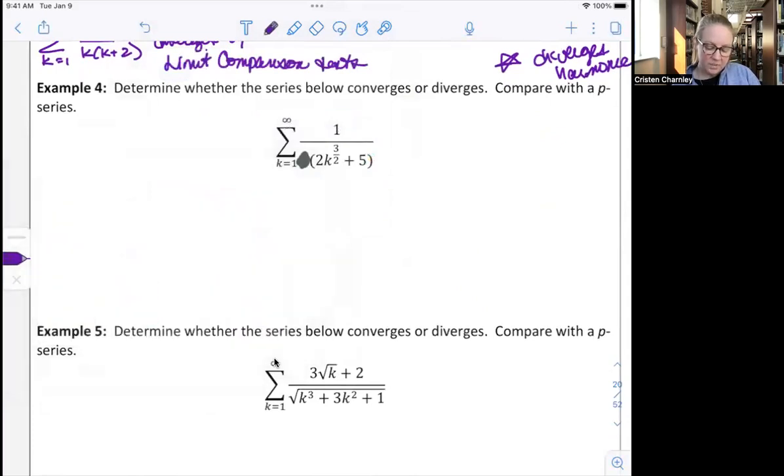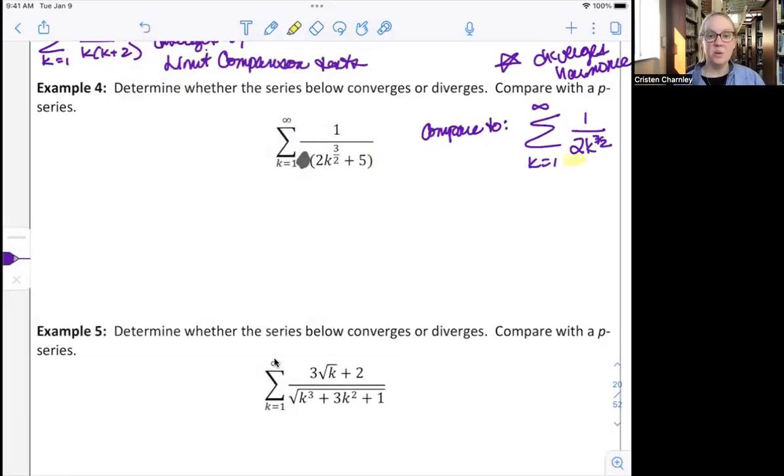So what are we going to compare it to? Again, we're going to keep the highest exponent. So k equals 1 to infinity, I'm going to call this 1 over 2k to the 3 over 2. Now, the 2 coefficient, you can take it or leave it. A lot of times with series, we only care about the exponents. We don't want anything else.